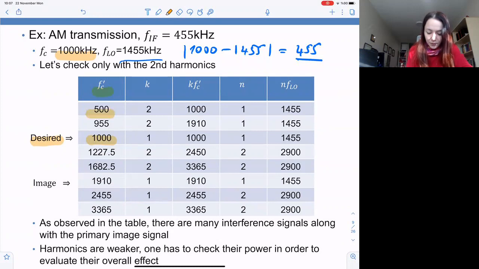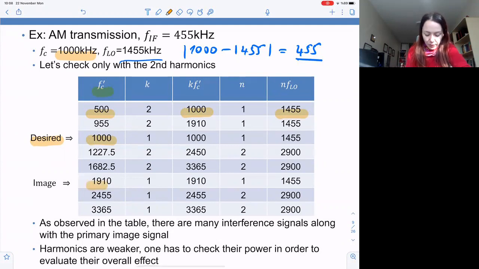This 500, when there's a second harmonic, twice 500 is going to be 1,000. So it is going to appear also as a spurious response. So we will be picking up the signal at 500 kilohertz.